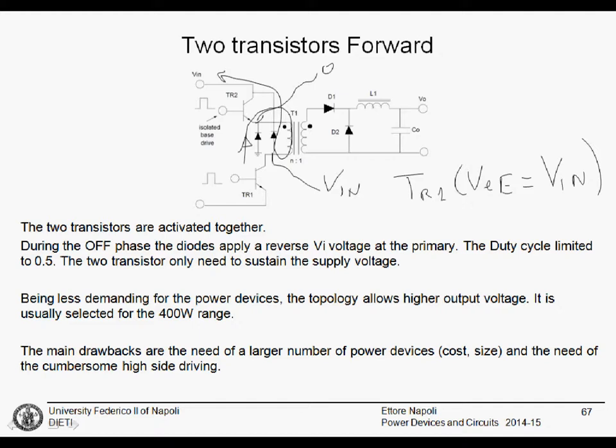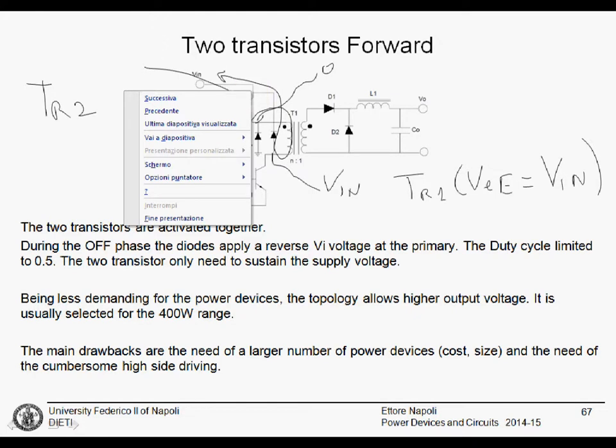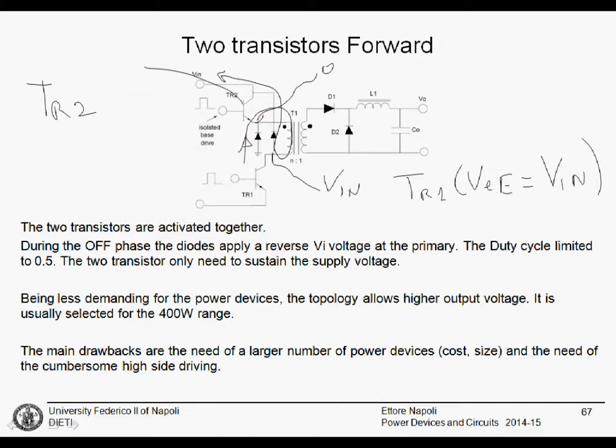And the same happens for transistor 2, because this voltage here is Vin, and this voltage here is 0. Both devices will just need to sustain the input voltage.